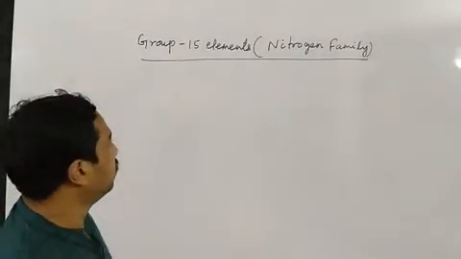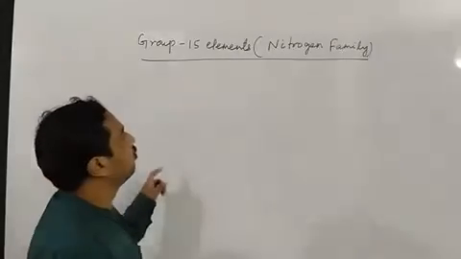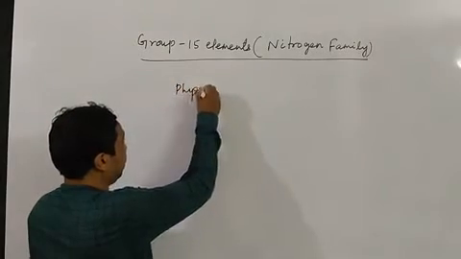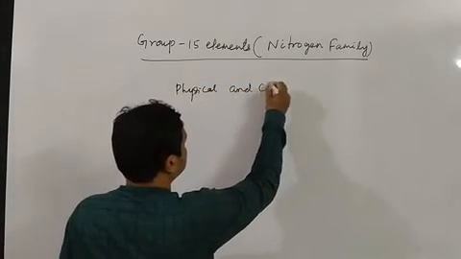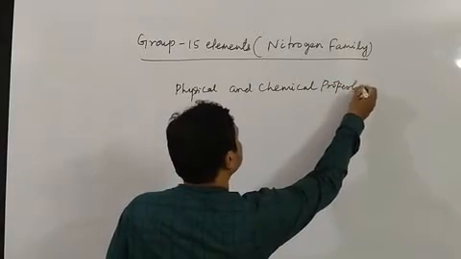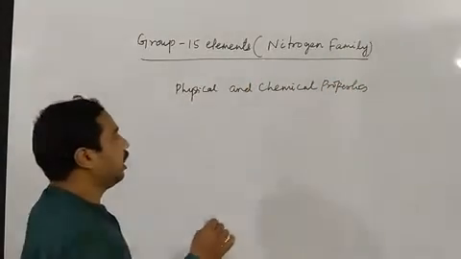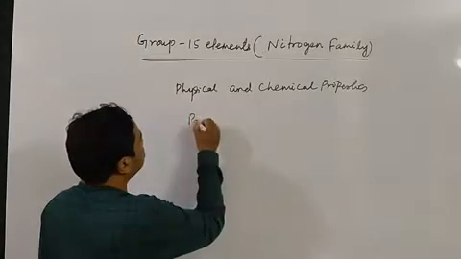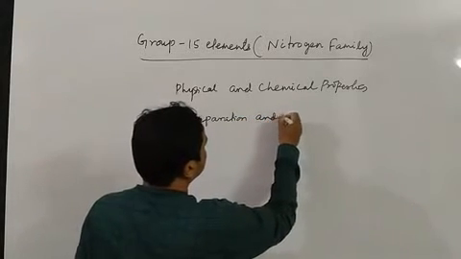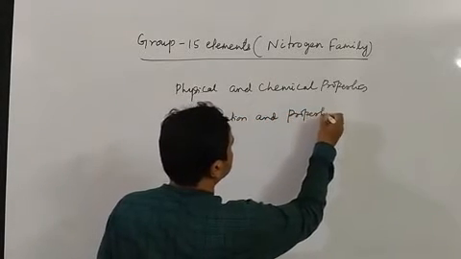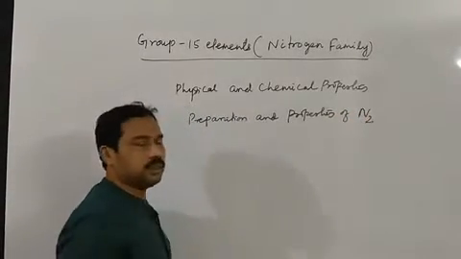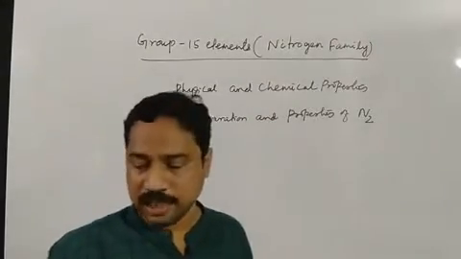Dear student, in the last classes we had discussed the physical and chemical properties of the elements of group 15 along with the preparation and properties of dinitrogen, and also the uses of dinitrogen.